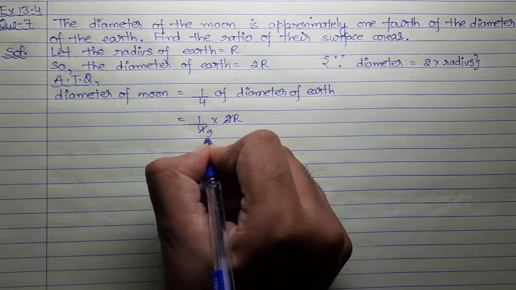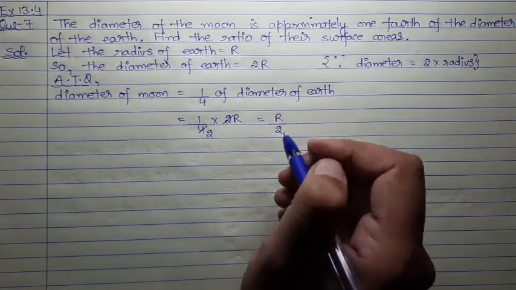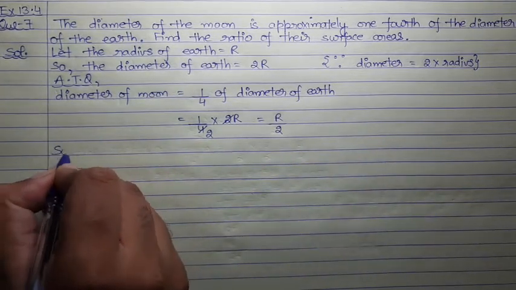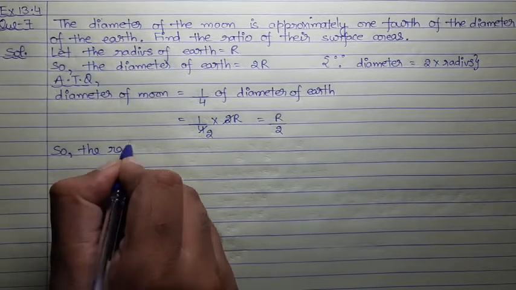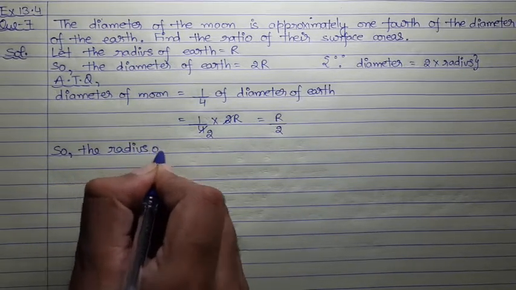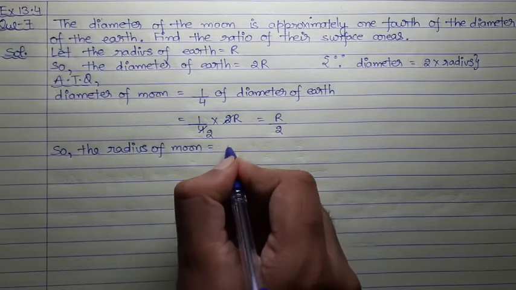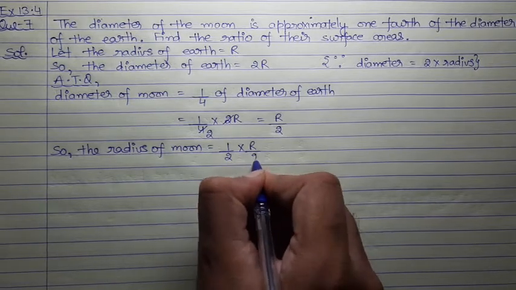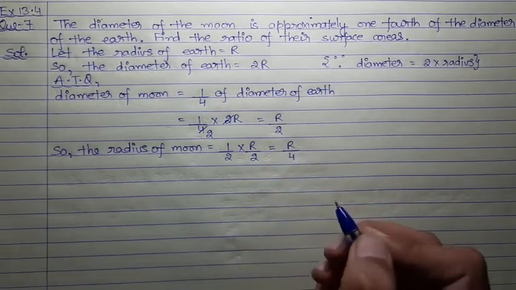After solving it, we get capital R over 2 as the diameter of moon. So the radius of moon is equal to 1 over 2 multiply R over 2, which is equal to capital R over 4.